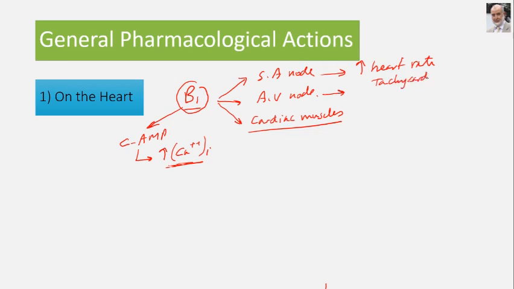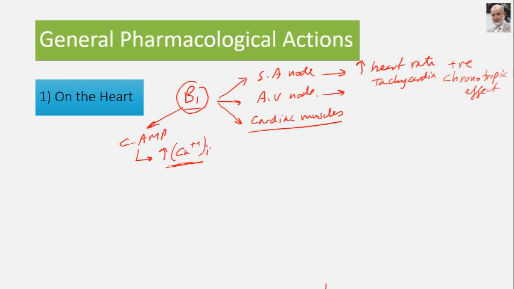Therefore, most sympathomimetics produce tachycardia. This effect on heart rate is known as the positive chronotropic effect.